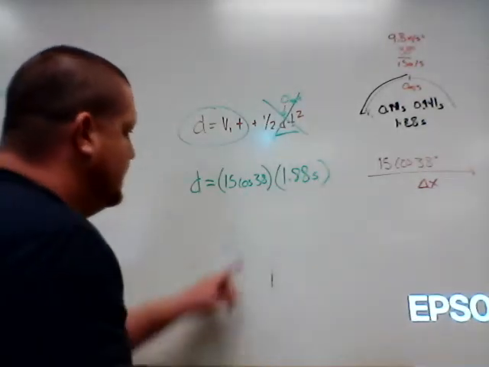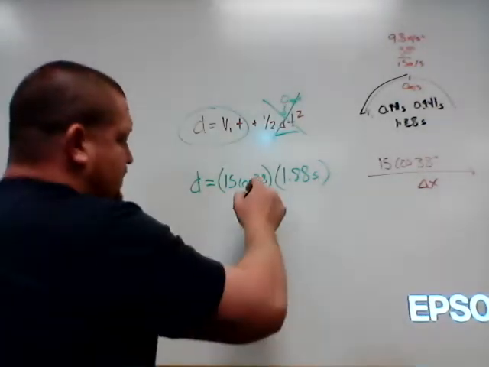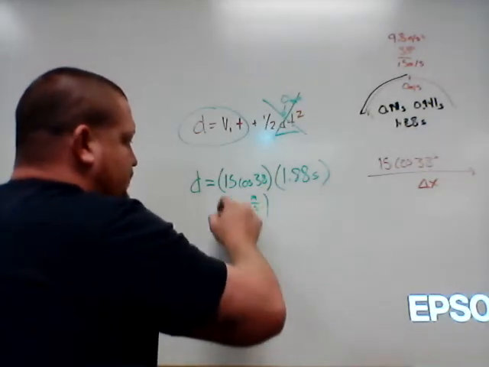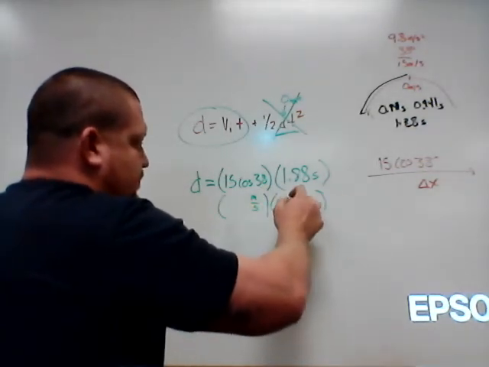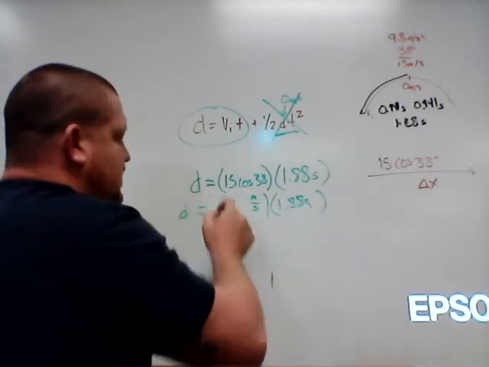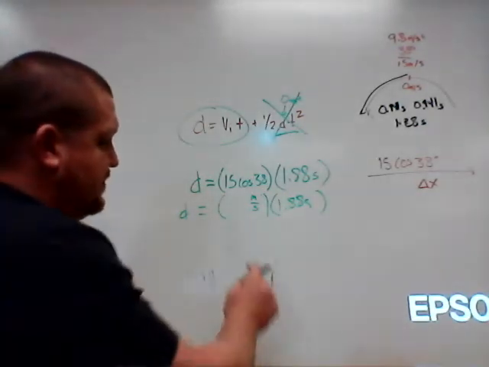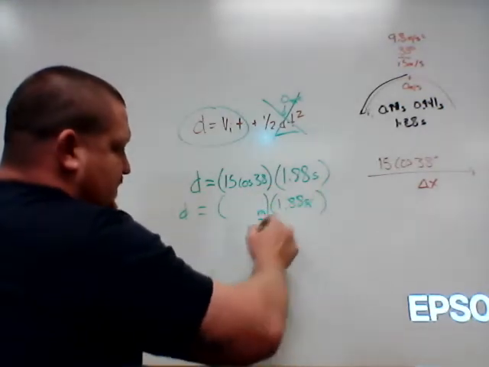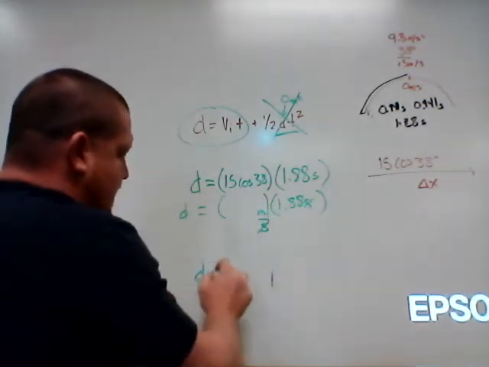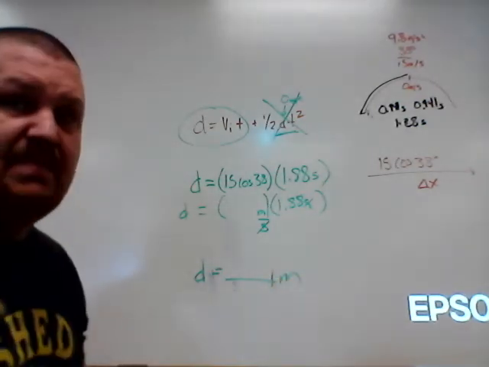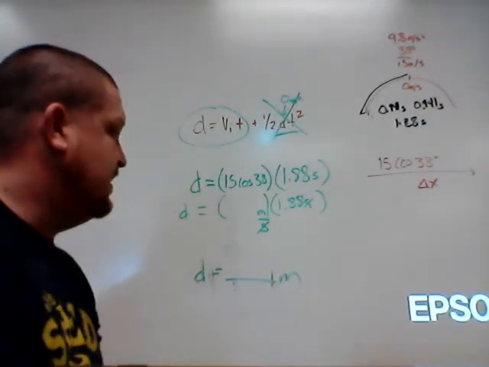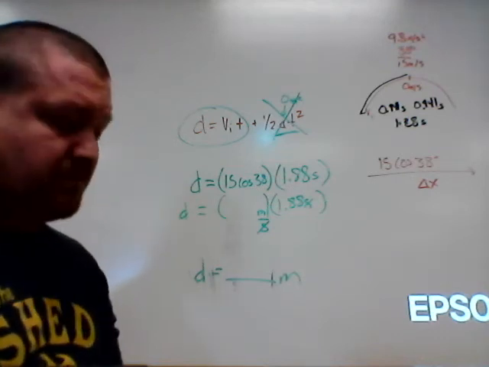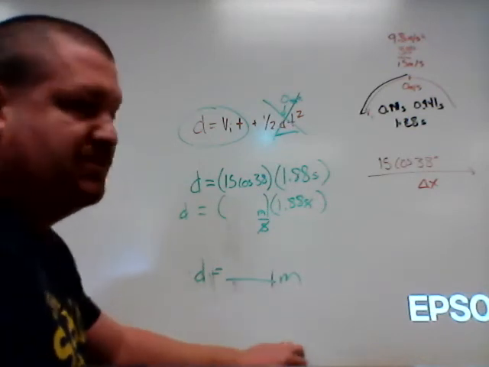Remember, this is meters per second, so if you multiply this together, our seconds cancel and our answer is in meters, which is what distance is, so we know we're in the right shape. So if you work that out, you'll get the answer to B.